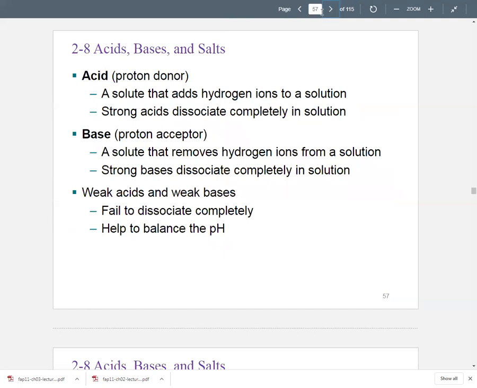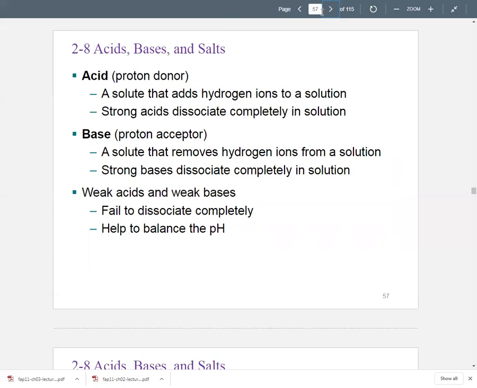Okay, acids, bases, and salts. So this is kind of a continuation of the pH conversation. Acids are proton donors, and protons are just another way of describing hydrogen ions, because, let's think back to our discussion of the periodic table and elements and atoms.